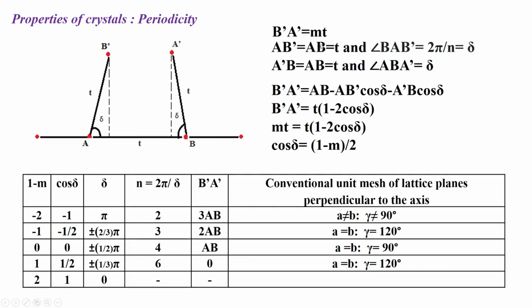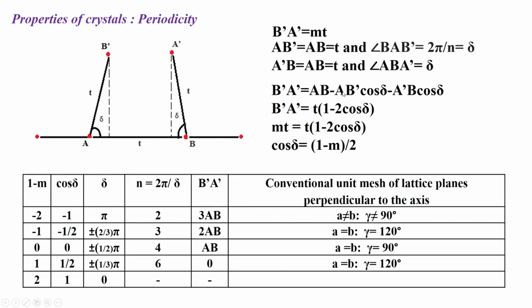Now, these two values remain t, and B prime A prime defines mt. By geometry we can write B prime A prime as equal to AB, which is the translational periodicity, minus AB prime cosine delta, minus B A prime cosine delta. So, this expression will ensure that B prime A prime can now be written in terms of t.